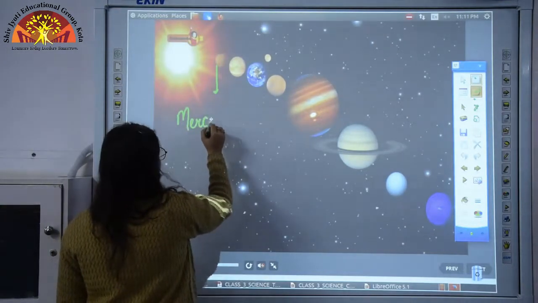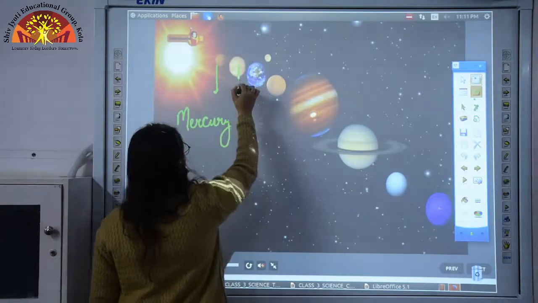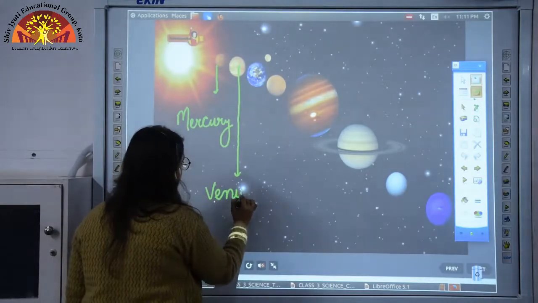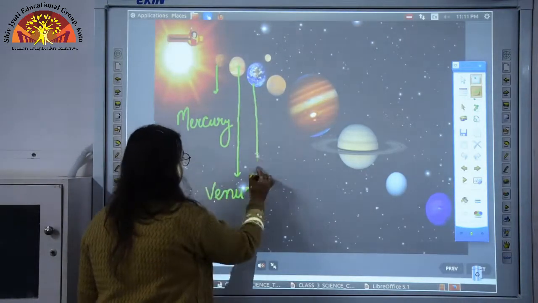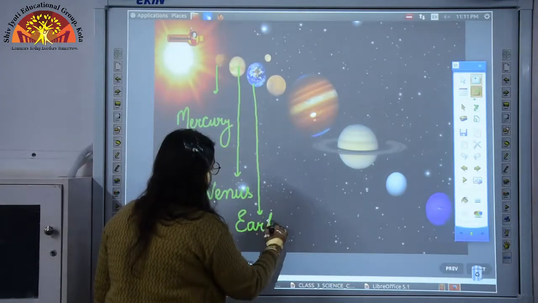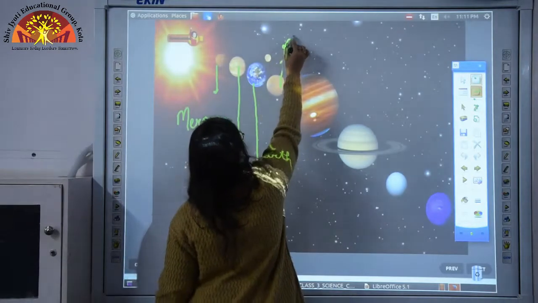Mercury. Then the second planet here is Venus. The third planet here is Earth. Fourth one is Mars.